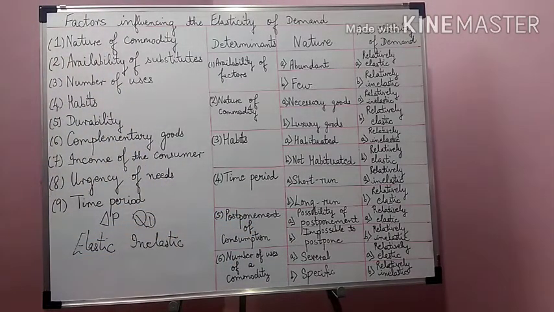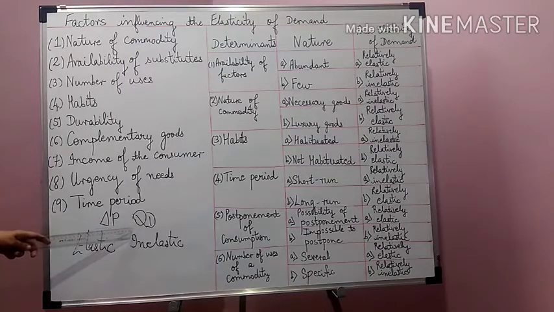So in simple words, what you could remember, depending on the different factors, whether the demand is elastic or inelastic. Elastic in simple words you could understand as changing. If the quantity demanded changes due to a change in price, it is elastic demand.